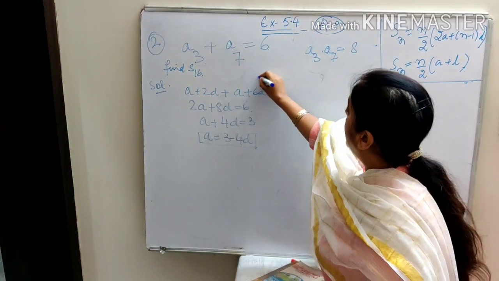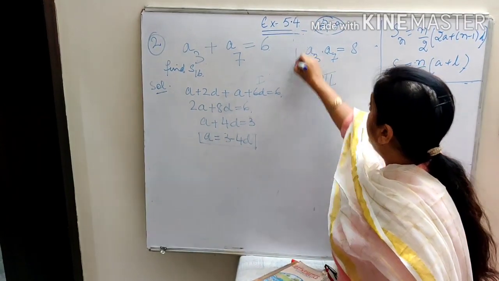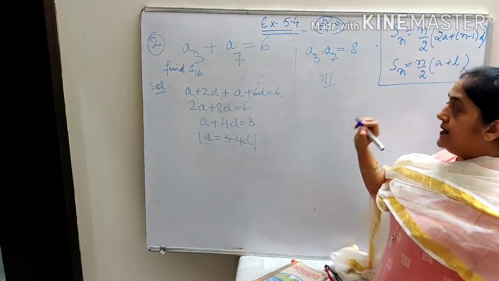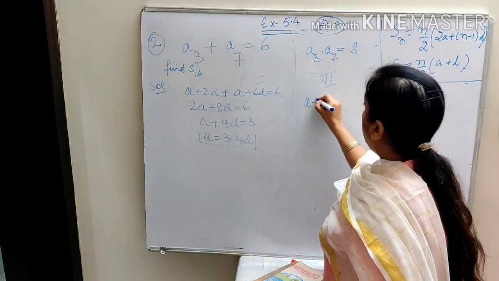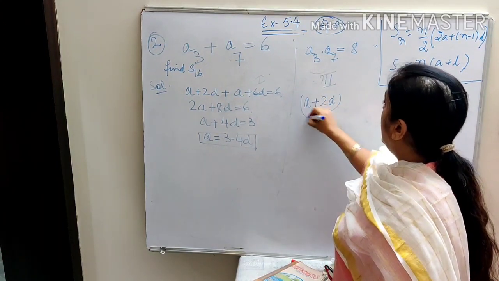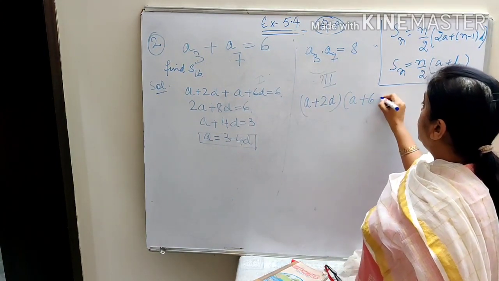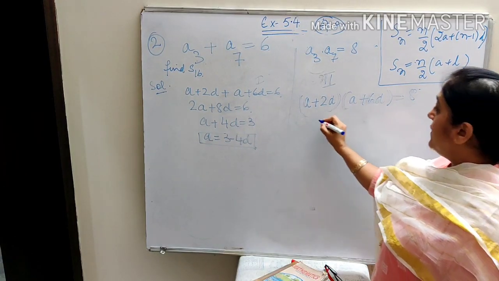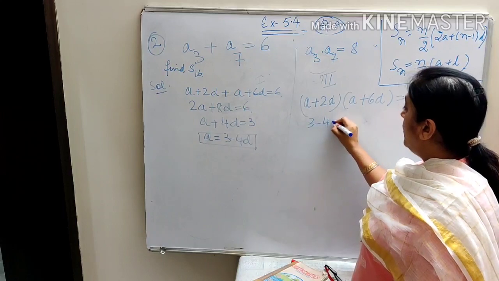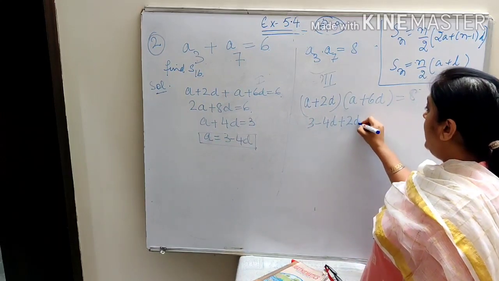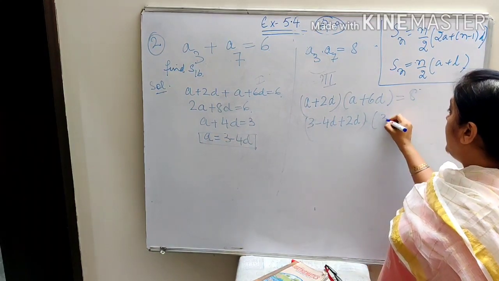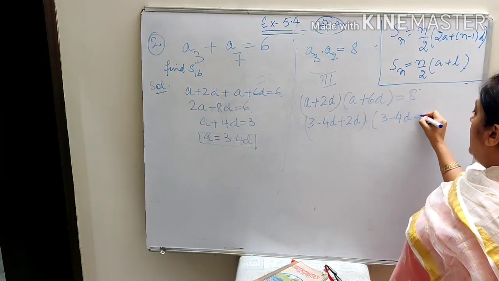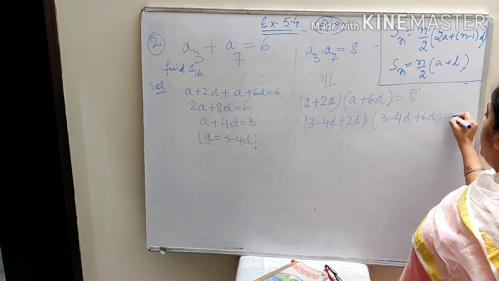This is the first step. Let us take up the second step. A3 into A7 is 8. What does it mean? A plus 2D into A plus 6D is equal to 8. So you can write A as 3 minus 4D, plus 2D, and in the other factor 3 minus 4D plus 6D, is equal to 8.